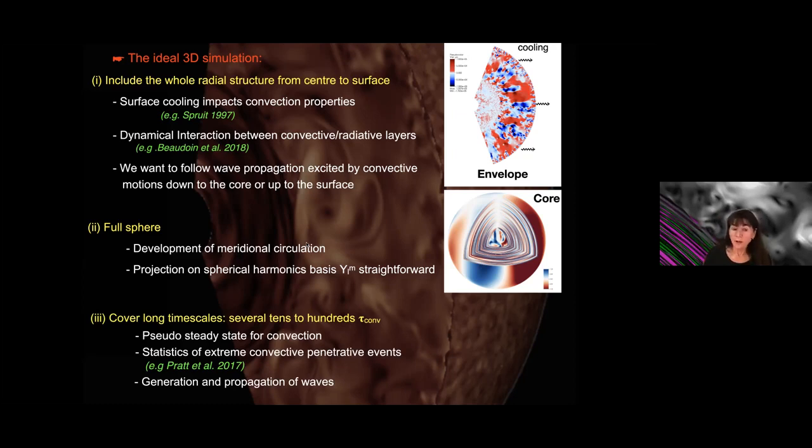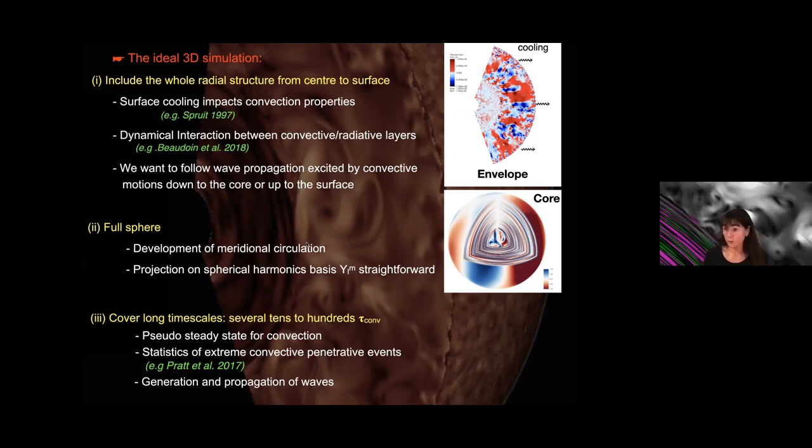And of course, you would like also to cover long time scales, that is several tens to hundreds of convective time scales. First of all, in order to reach what I call a pseudo steady state for convection. I'll come back to that.